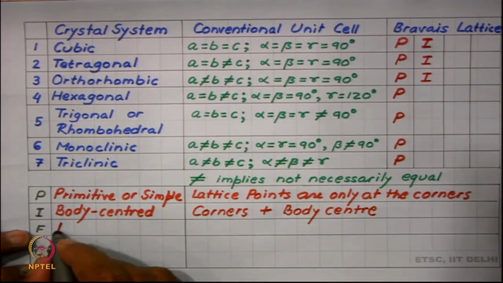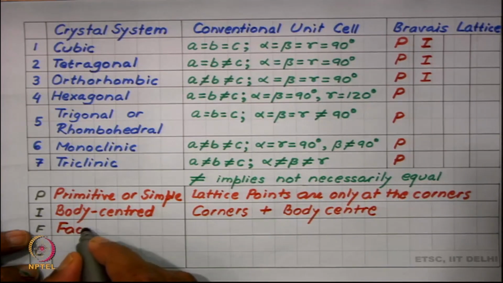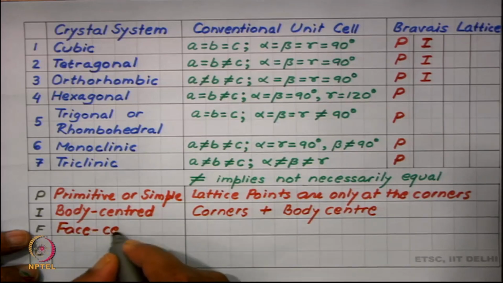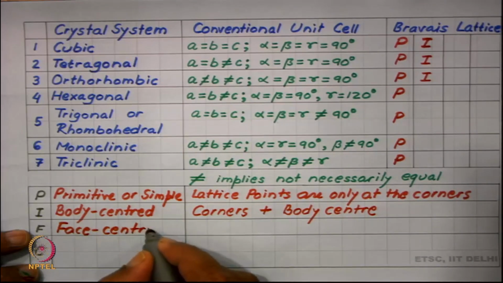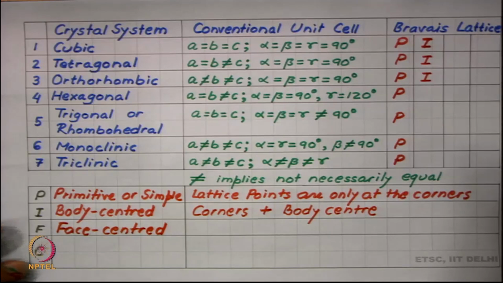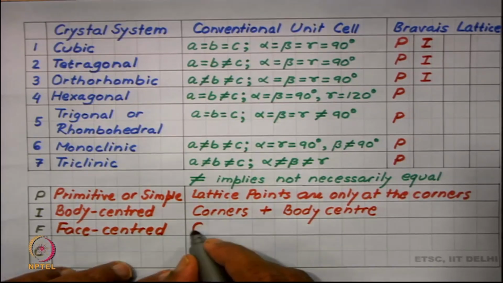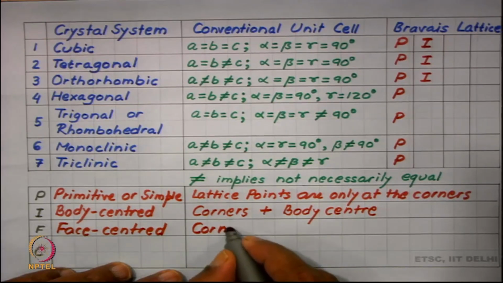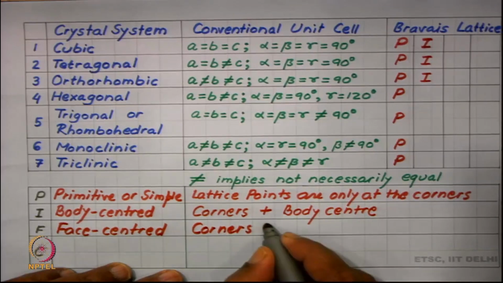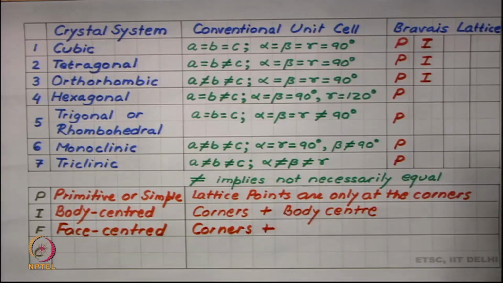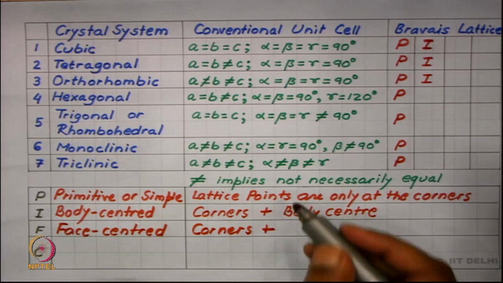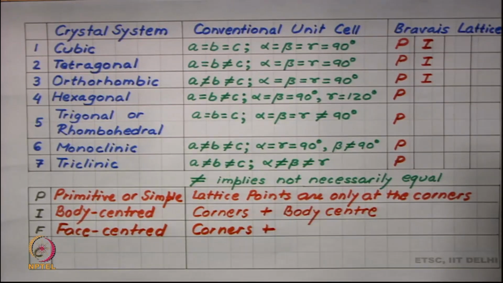F stands for face centered. Face centered means lattice points are at corners. Corners will always have lattice points, whether in simple or body centered or face centered.